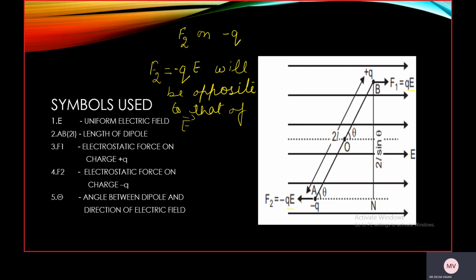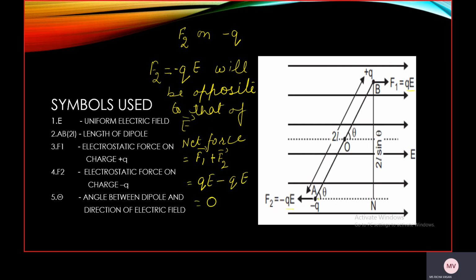So what will be the net force? The net force on the dipole will be equal to F1 plus F2. It will be the vector sum of these two forces, and as they are opposite in direction, they will cancel out each other and we will get QE minus QE, and that is 0.